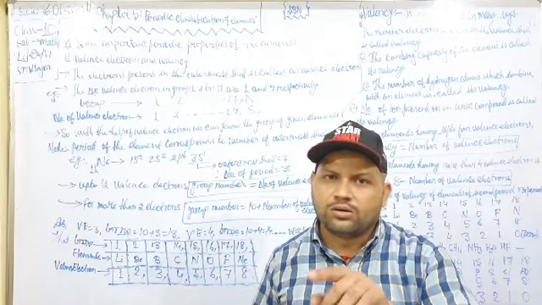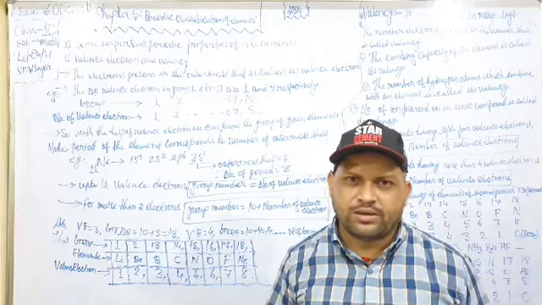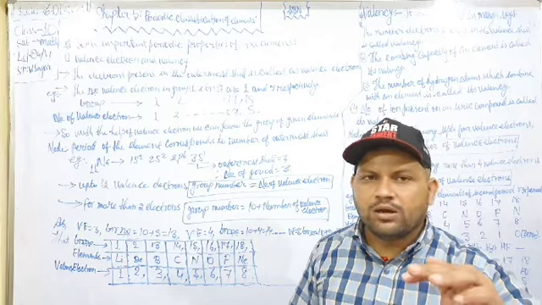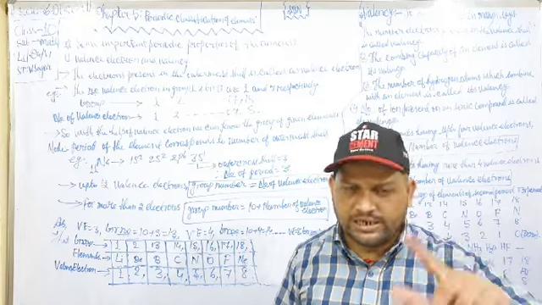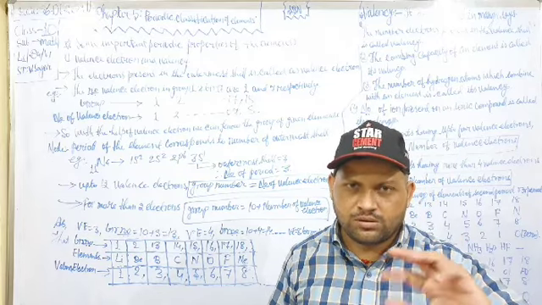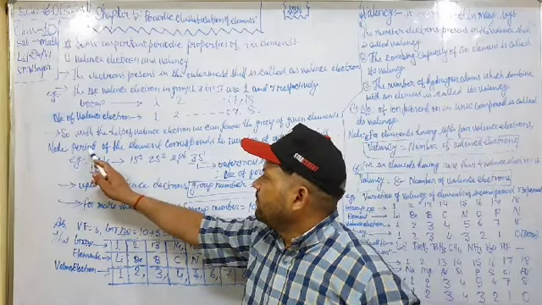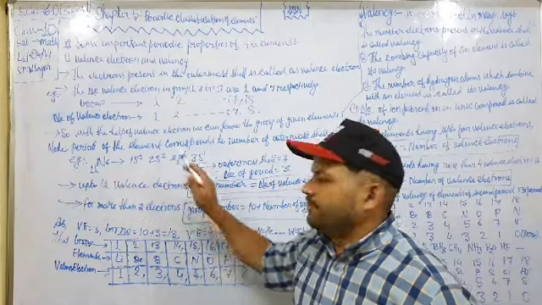The group number depends on the number of valence electrons. How it can be calculated, I will discuss a little later. Just wait.